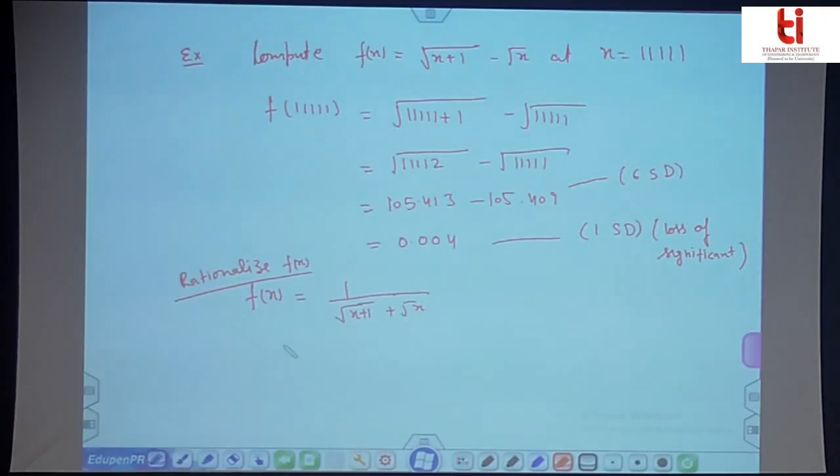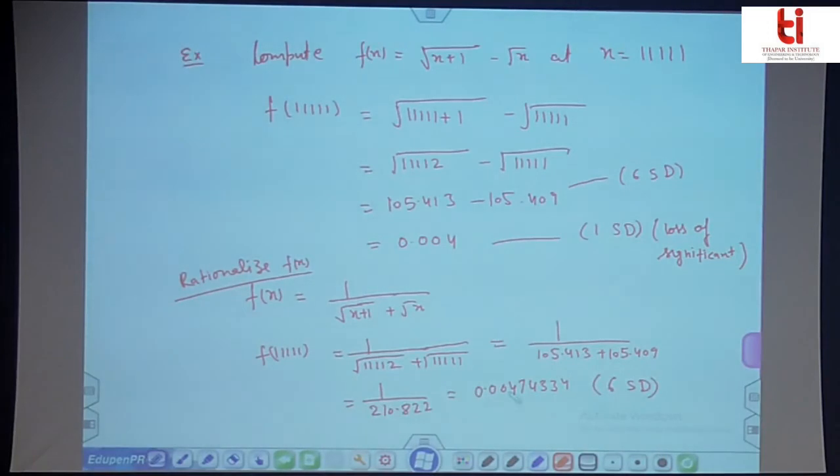The function value at x equal to 11111 is coming out to be under root 11112 plus under root 11111, which is 105.413 plus 105.409, with 6 significant digits. It is coming out to be 0.004743334. We are getting 6 significant digits, 1, 2, 3, 4, 5, 6. Here we were getting 1 significant digit.